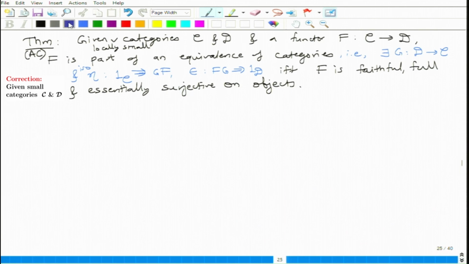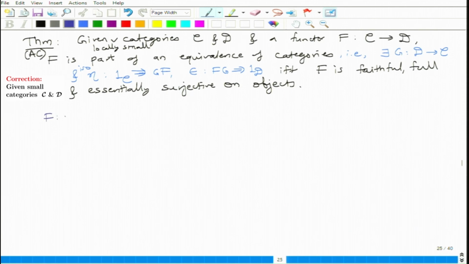What we are saying is that there is this data of F, G, eta and epsilon, those four things, but we don't need all of them. We just have to check some properties for one functor, namely that it is faithful, full and essentially surjective on objects. Now I should first describe what these things are.